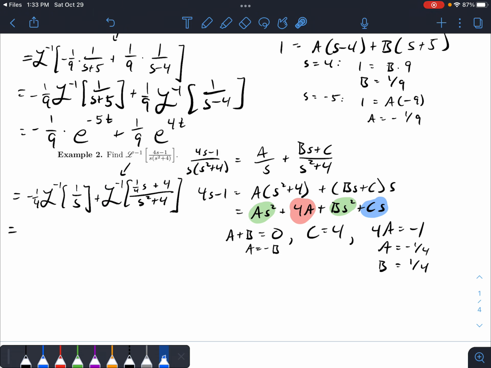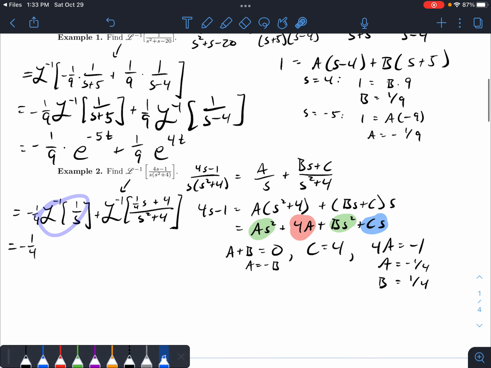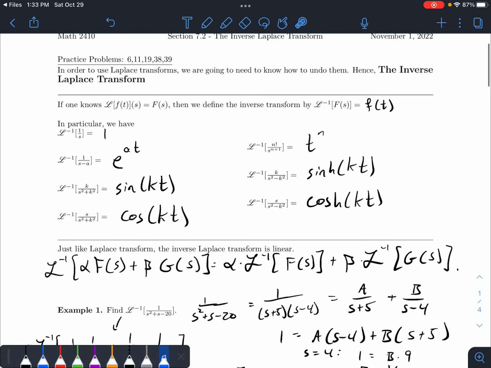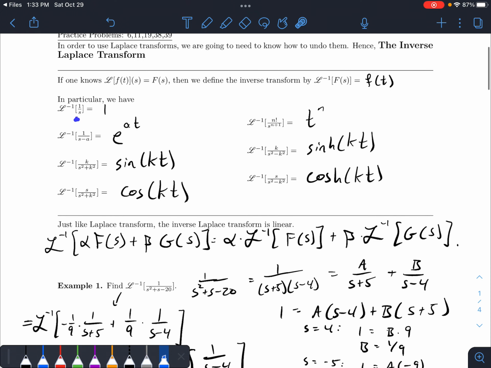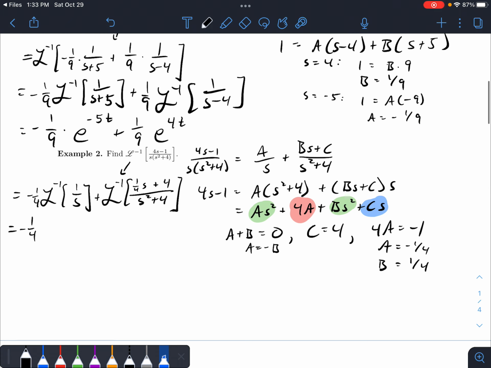Normally I wouldn't even write this step. I would just jump to the next step because we're going to split this thing into 2 fractions. So this would be negative 1/4 times the inverse Laplace of 1 over s, and the inverse Laplace transform of 1 over s is 1. So this is just negative 1/4 times 1.